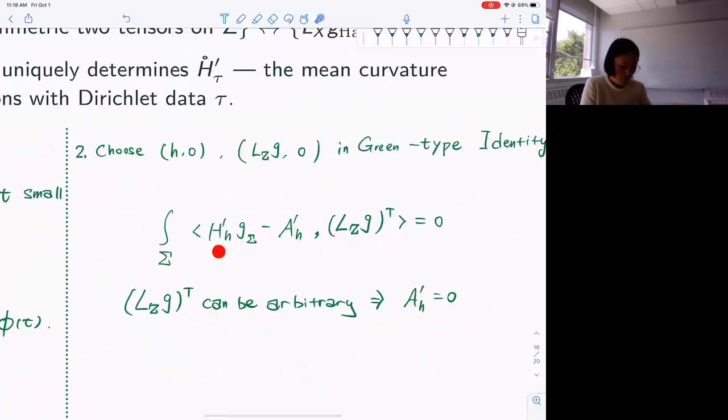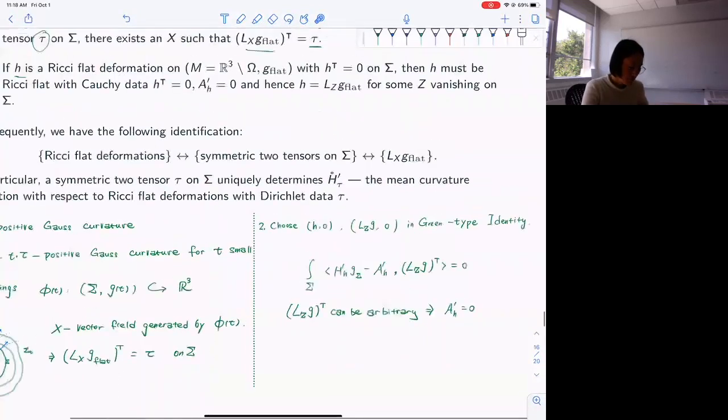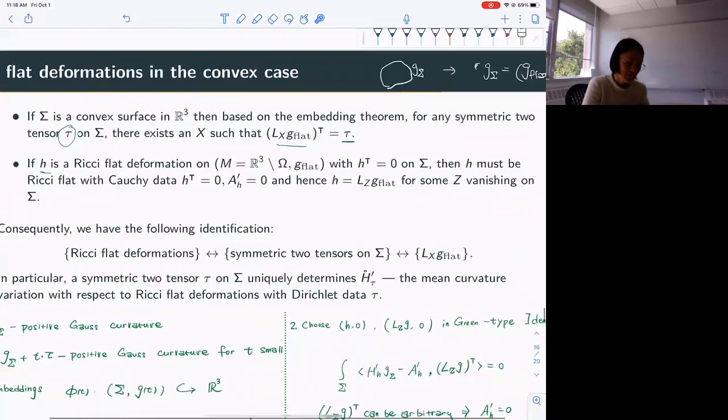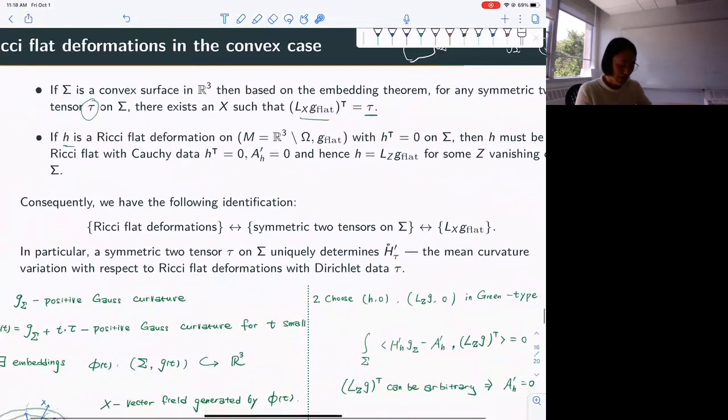Therefore, we derive that the h deformation must preserve the second fundamental form. So if h is Ricci flat and has zero Dirichlet data, then it must have zero Cauchy data. And we know that Ricci flat with zero Cauchy data gives us a trivial deformation. Therefore, if h is Ricci flat with zero Dirichlet data, then h must equal a diffeomorphism deformation.